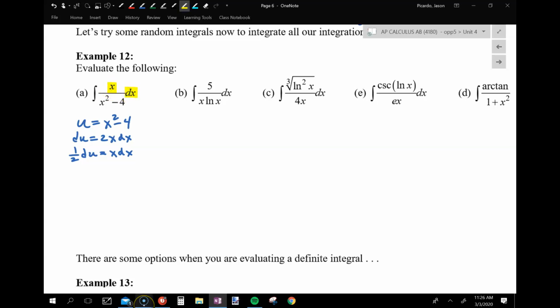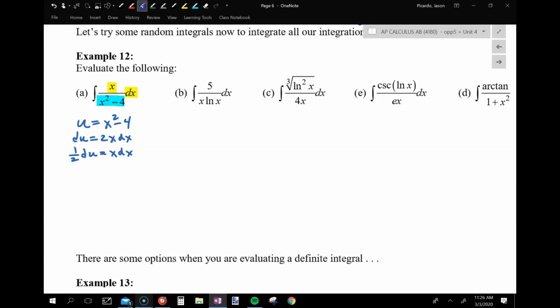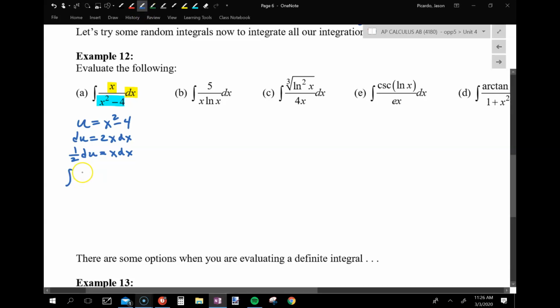So there's my x dx, and there is my u, right? So this is actually just the integral of, actually a half of the integral. Why do I got a half of one now? Yeah, because we got this half du, right? So it's going to be an integral of 1 over u du.